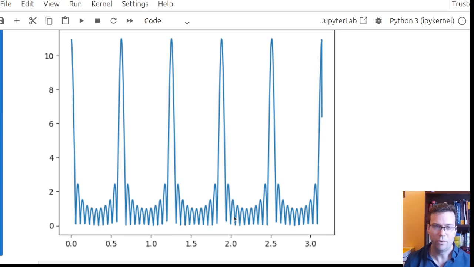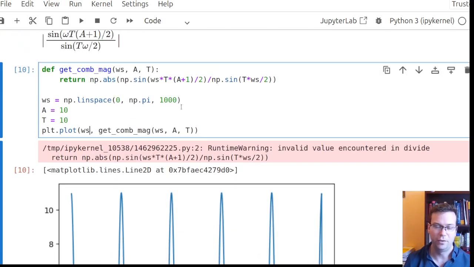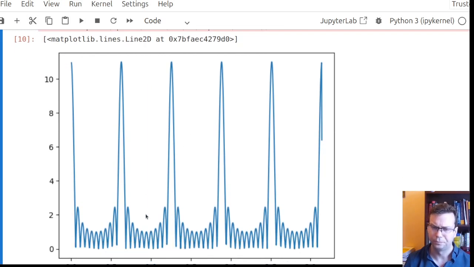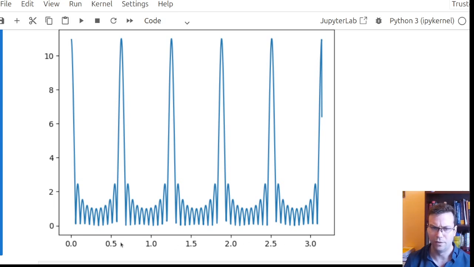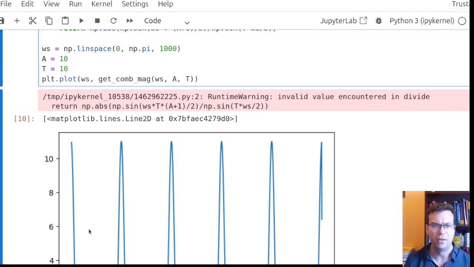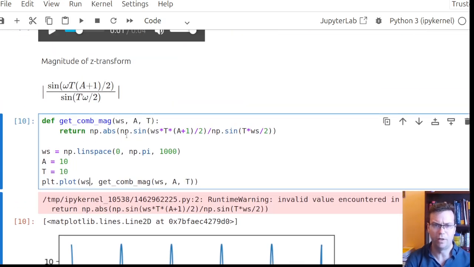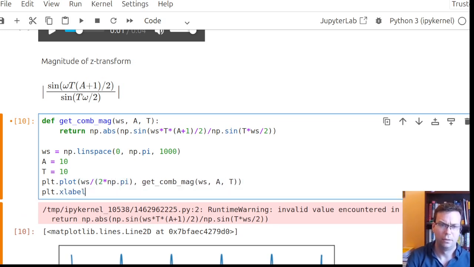Now, to see why this makes sense, it probably makes sense to switch back instead of having the units here be in radians per sample. If I have it be cycles per sample, so let me divide this by 2 pi, I'll say this is going to be cycles per sample.